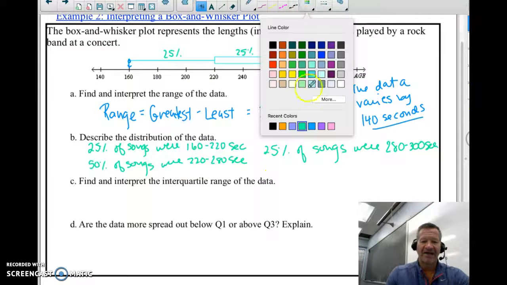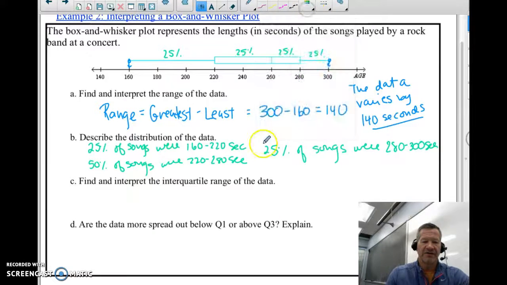Next, find and interpret the interquartile range. So we know range is greatest minus the least. When we say interquartile range, I'm going to call it the IQR, that's simply the greatest minus the least of the box in the box and whisker plot.